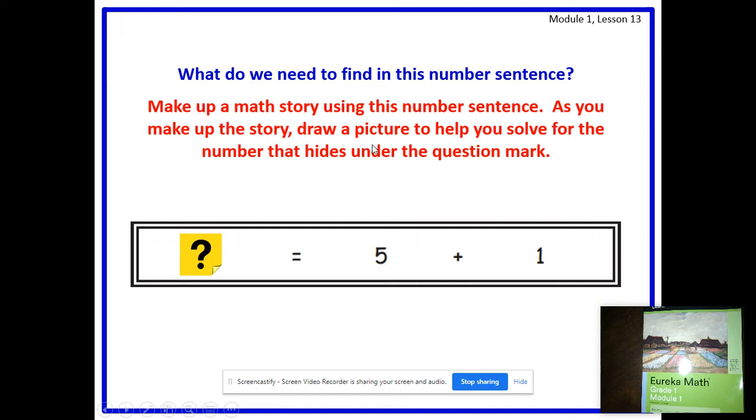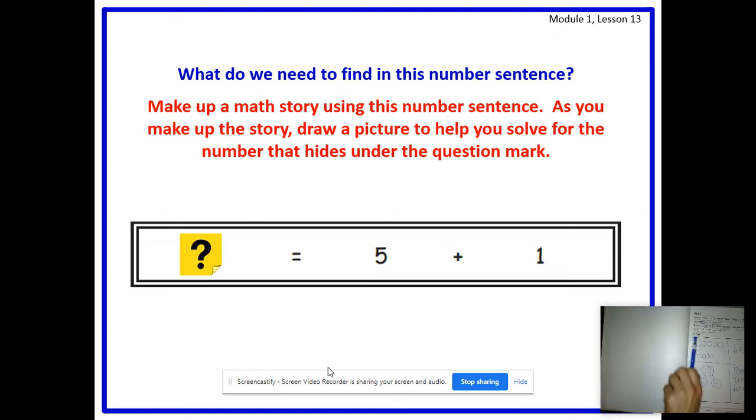As you make up the story, you have to draw a picture to help you solve for the number that hides under the question mark. So it's your turn. You can go ahead and open your book back to where you left your pencil, and write on this side of the page, the blank side. We were on page 93, and this should already be done.